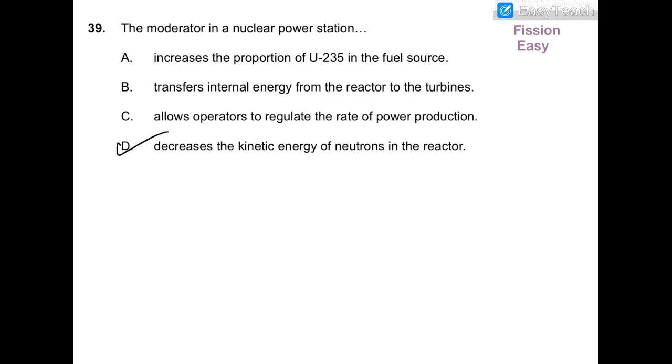Obviously, D option is the correct one. We know that moderator moderates the kinetic energy of fast moving neutrons because fast moving neutrons are not suitable for producing fission. So we have to slow them down. So the work of the moderator is to slow down the fast moving neutrons.